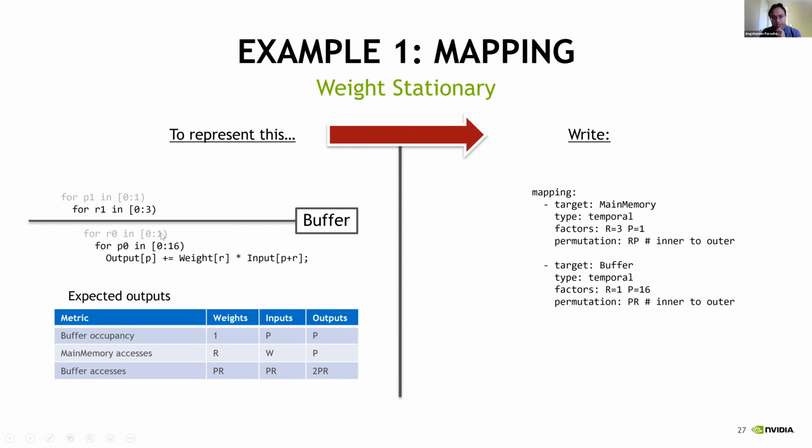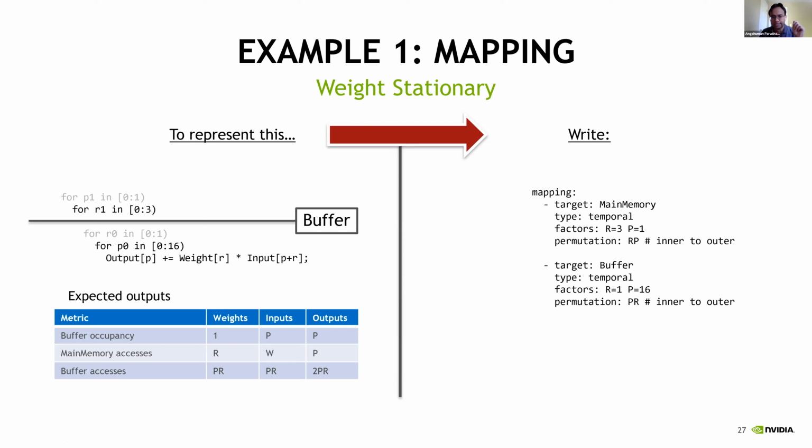Okay, so these loops, even though they're optional in this high-level loop nest representation, they're not optional in this mapping representation. When you provide a YAML mapping to Timeloop, you need to explicitly write out R equals 1, otherwise it won't know. When we talk about the mapper later, the mapper can figure all of this out, but we're using the model bare, so you have to give it everything.